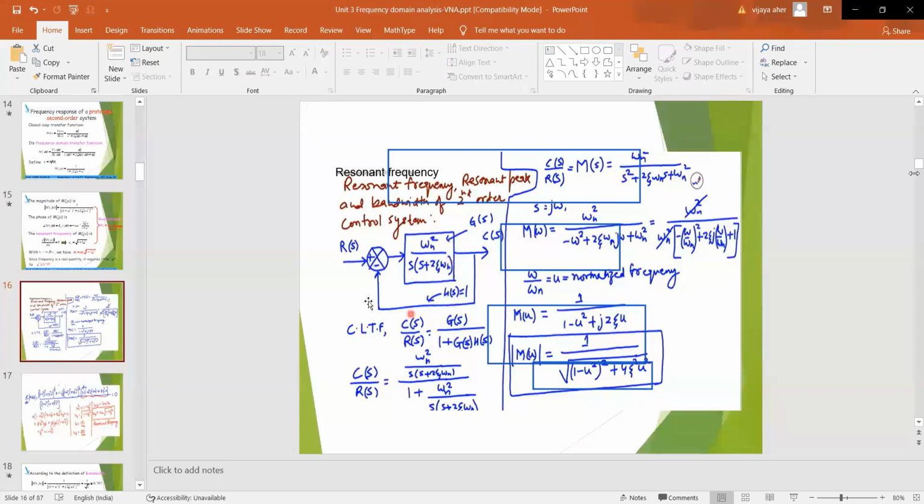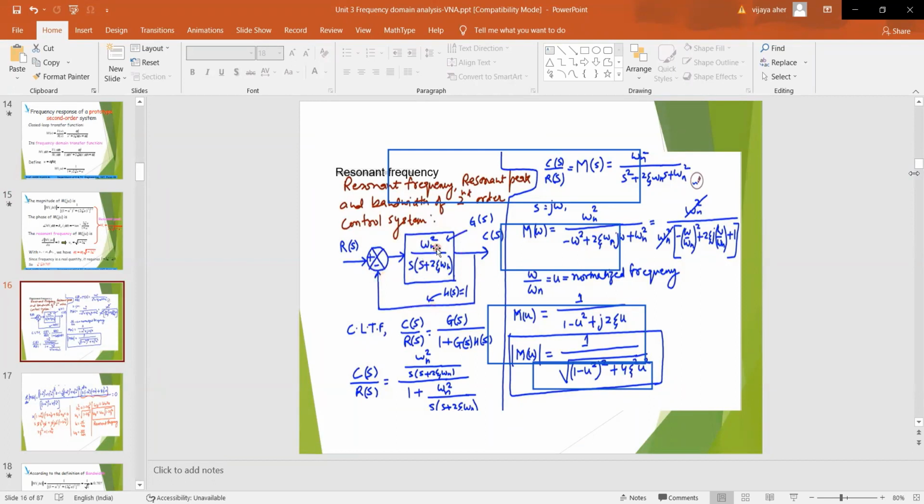Starting with this diagram, again, I have drawn this diagram: R(S) is the input. This is the summing point, and this is a unity negative feedback system, because a negative sign is written over here. So consider the second order control system.